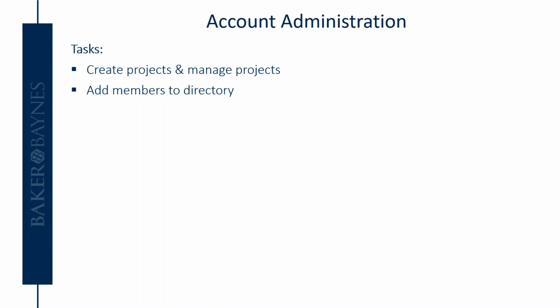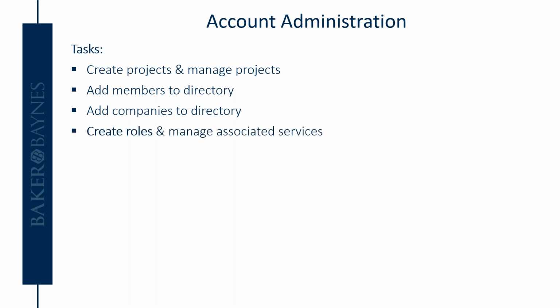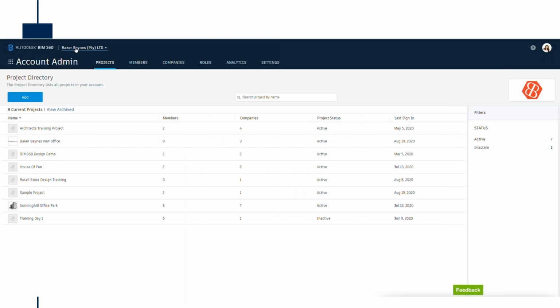So ideally, this should be managed by 2 or more people. You need to add companies to the directory, create roles, and manage the associated services assigned to those roles. The members and the services assigned to the members are what BIM 360 modules they have access to.